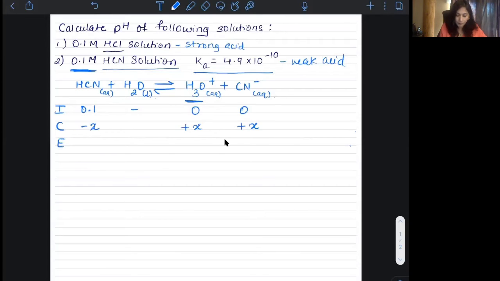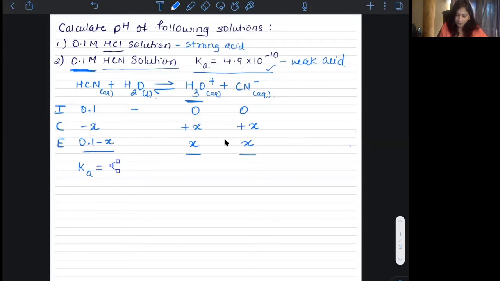Now, at equilibrium, I'm going to get the concentration 0.1 minus X. Here I'm going to get plus X and plus X. Now, since I have the values at equilibrium and I also have the Ka value, I'll be using the formula Ka is equal to the concentration of the products divided by the concentration of the reactants at equilibrium.